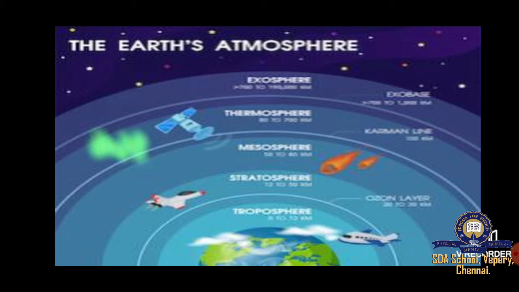Then after that we saw about the greenhouse effect. What is the greenhouse effect? And then global warming. Below the global warming, the impact. The global warming would have its impact in the following ways. What are the ways?